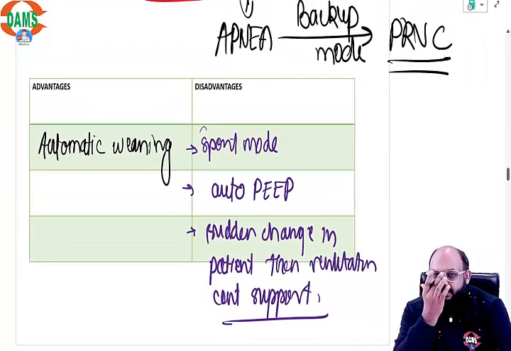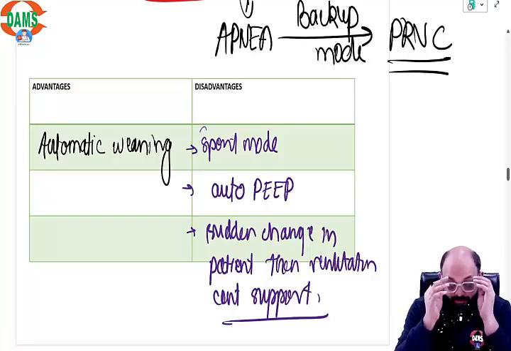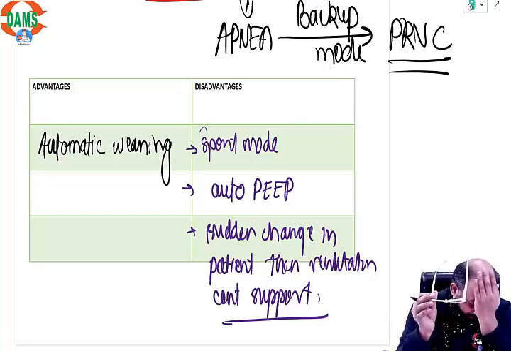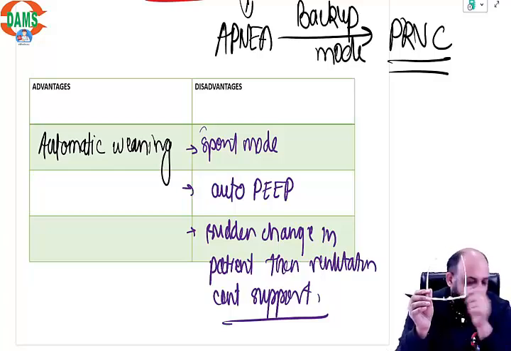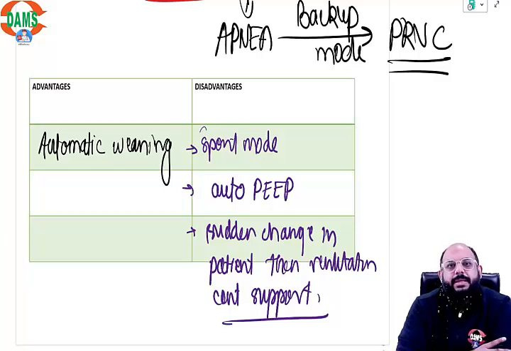So if there is a sudden change in pressure, a sudden rise in respiratory rate, a sudden rise in airway resistance, or suddenly compliance decreases, the ventilator will not be able to keep up because it will need time to adjust to the breaths.